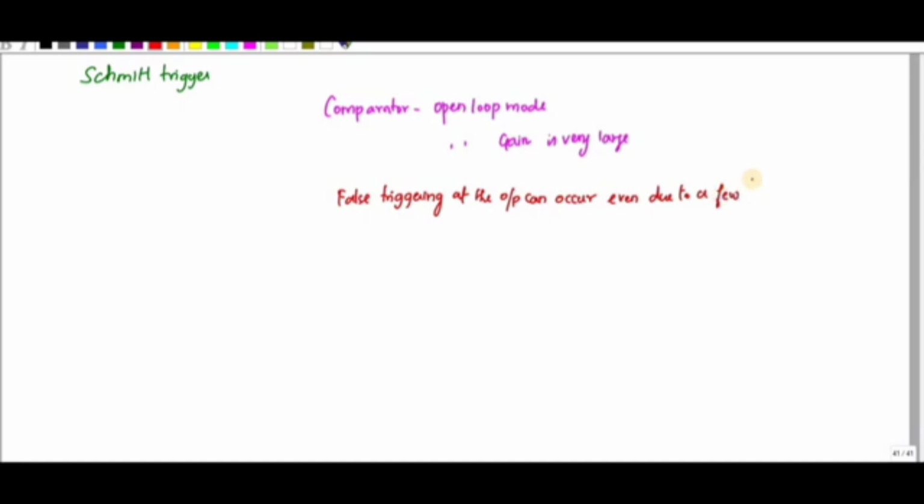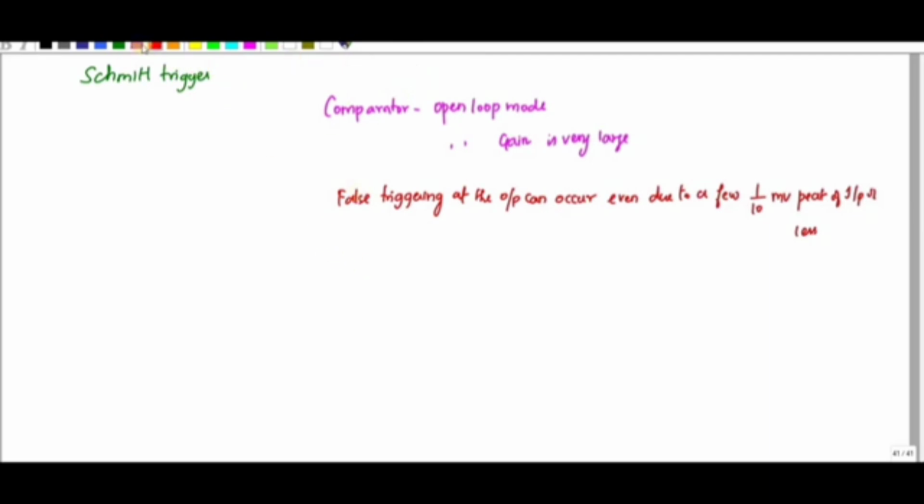Even due to a few tenths of a millivolt peak of the input or less, even with such a small voltage, there is a possibility that false triggering at the output can occur.